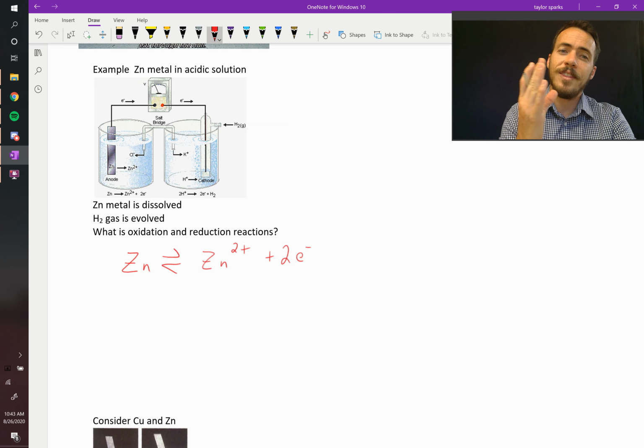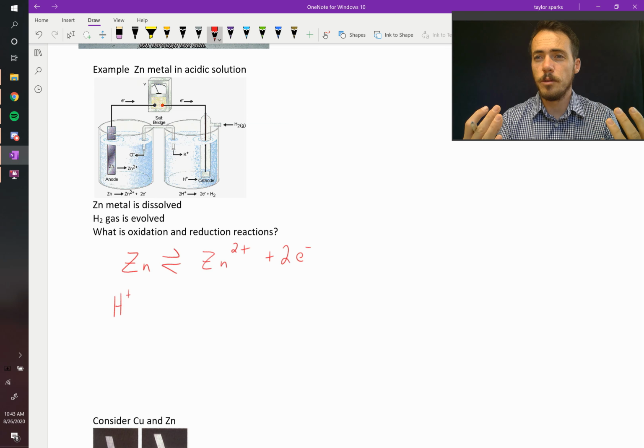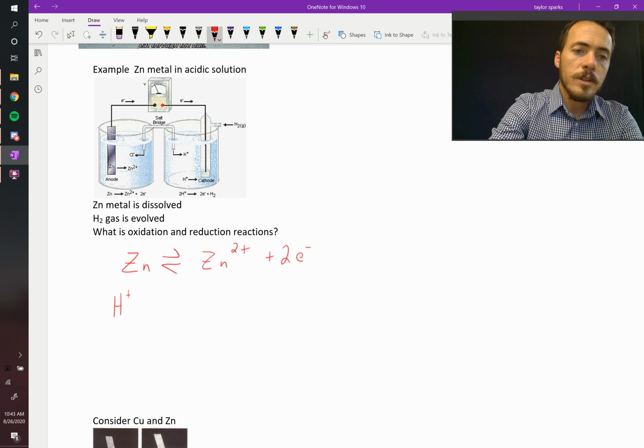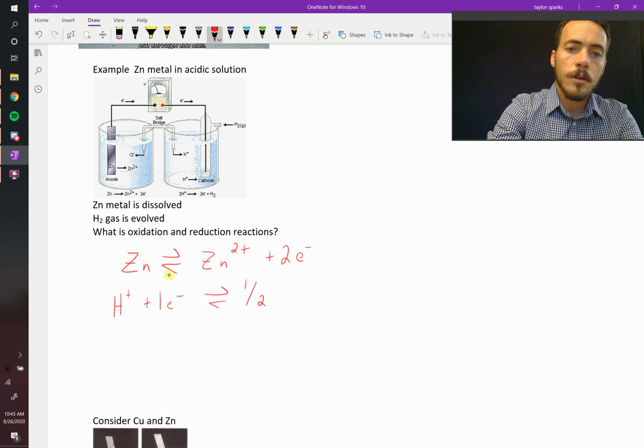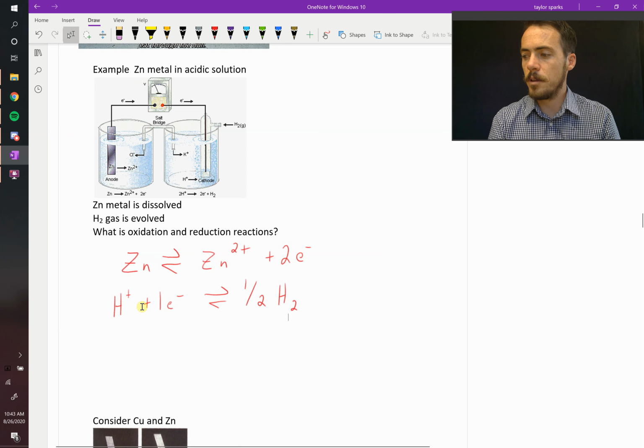On the other hand, at the cathode, that's where the hydrogen gas is being evolved, we've got acid, which is just H+ ions in solution. They're going to react with an electron to form half a mole of H2 gas, right? We had to do half to make this chemically balanced.